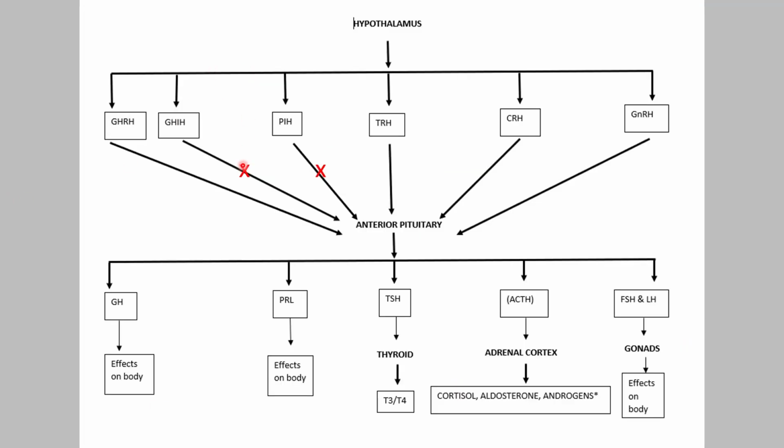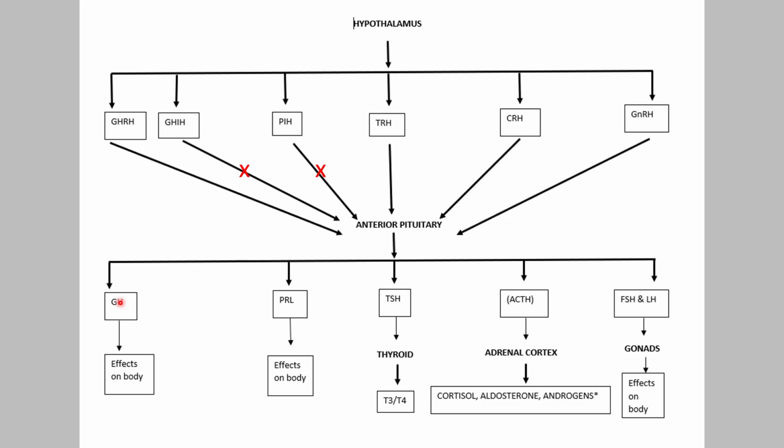Now, the ones that have an X on them, these are inhibitory hormones. So, in this case, GHIH, growth hormone inhibiting hormone, from the hypothalamus travels to the anterior pituitary, tells the anterior pituitary, stop releasing growth hormone.